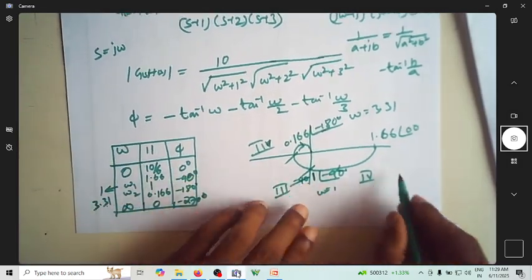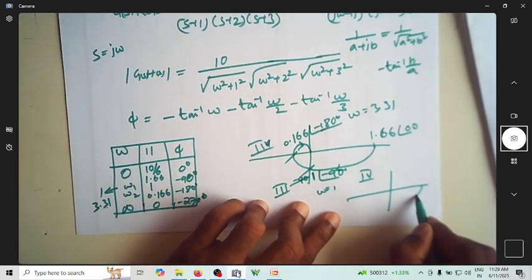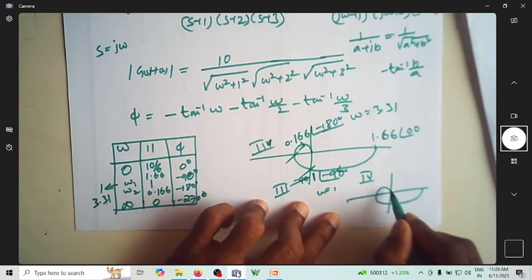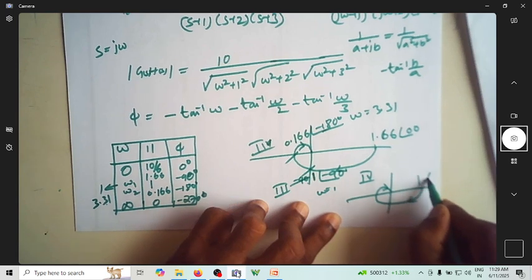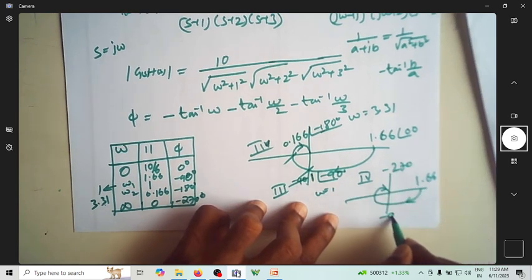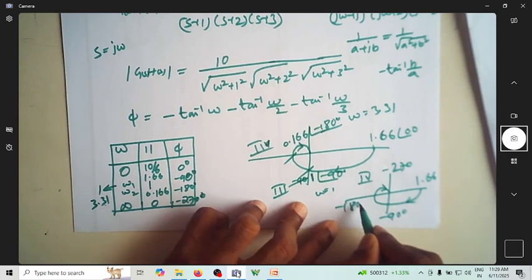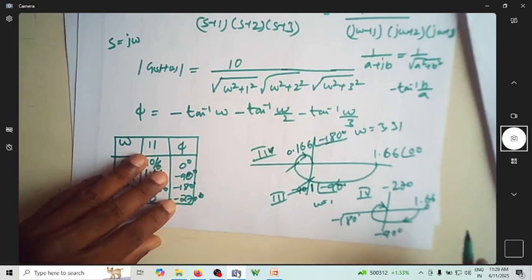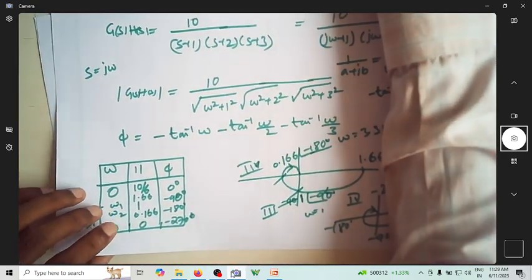Even if you write just this much, this is the polar plot. This is at 1.66, this is minus 270 degrees, this is minus 90 degrees, this is minus 180 degrees. This is the rotation. Fine.